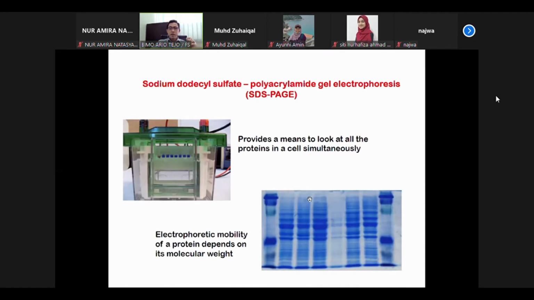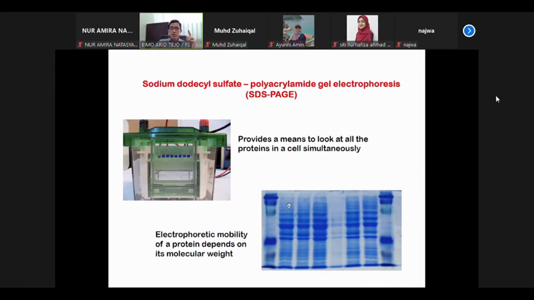So we can separate all these proteins depending on their molecular weights. So kalau kita letak dalam gel, this one is a gel made of polyacrylamide. That's why it's called PAGE, polyacrylamide gel electrophoresis. So this is the gel. You can see several bands, a lot of bands. Each band corresponds to one protein.